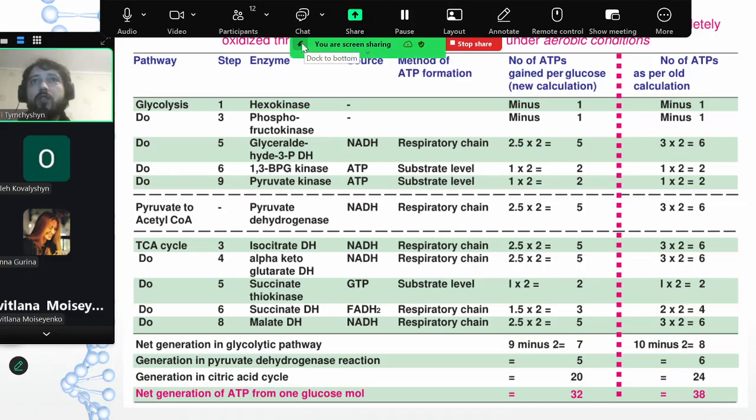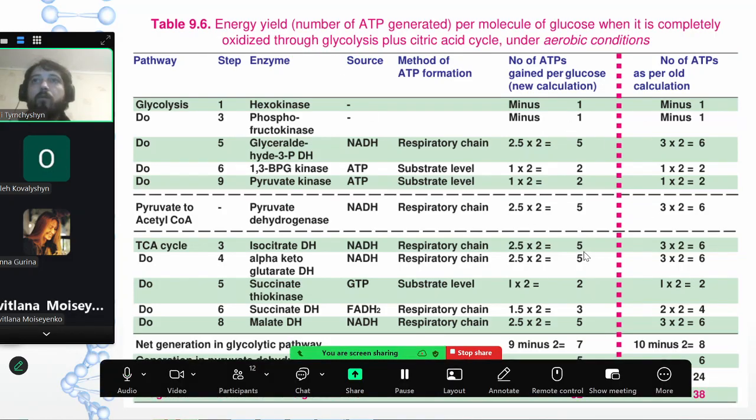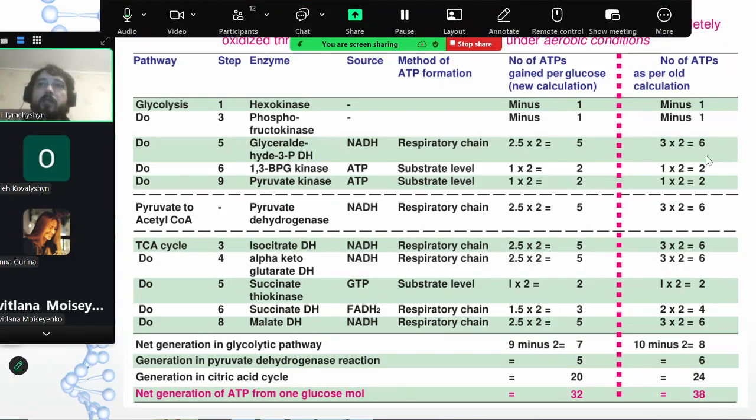Here is some sort of estimate of how many ATPs we can get from the Krebs cycle. It's not so easy to calculate, because many old books give a calculation of 38 ATP molecules. Some more recent estimates give you 32.